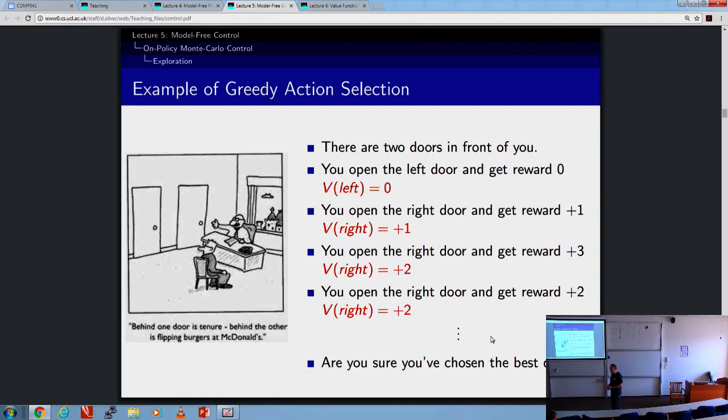Yes. Okay. So do you do that forever? I mean, after a point, after you've tried both doors a million times, let's say, you're fairly sure about their expected return. Do you still, like every 5 times, try the worst door after that? When the return converges to some value, we can maybe stop. So there's 2 things there, right?